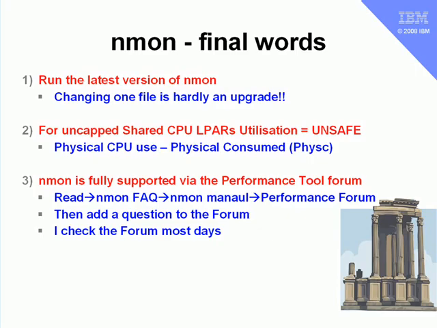So I recommend that we now start thinking in our big machines using shared CPUs that we monitor physical CPU use. nmon's particularly good at that. If you're using the AIX commands, you're looking for this physical consumed or PhysC number.